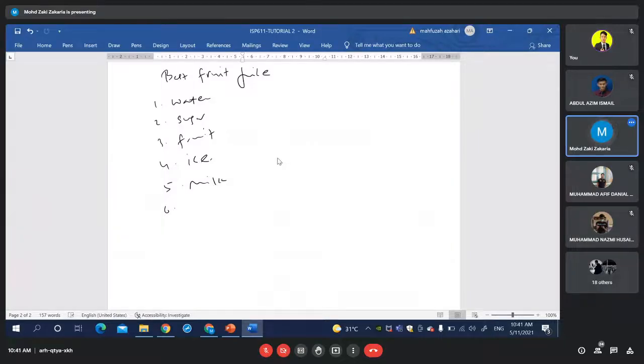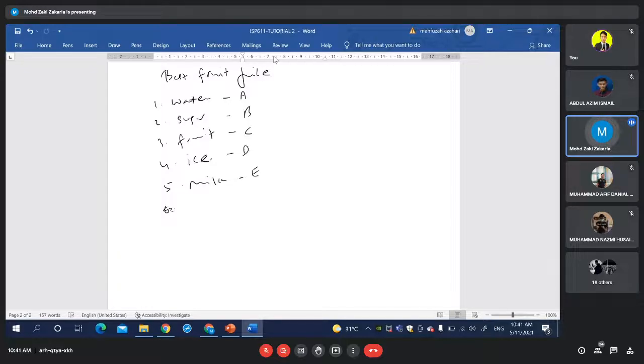Okay, so we have 5 variables. Maybe A represents water, B represents sugar, C fruit, D ice, and E milk.